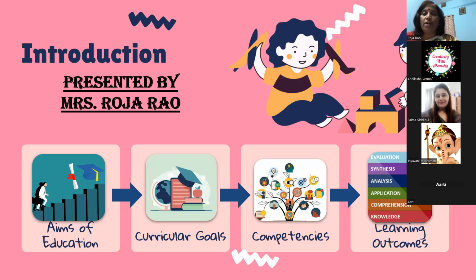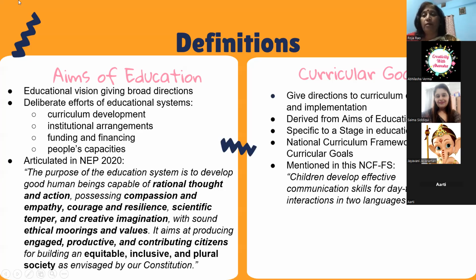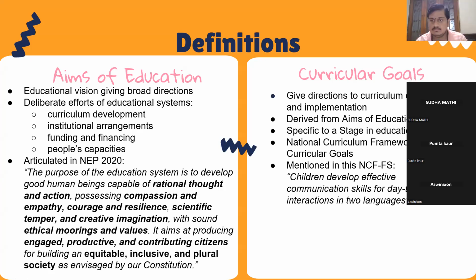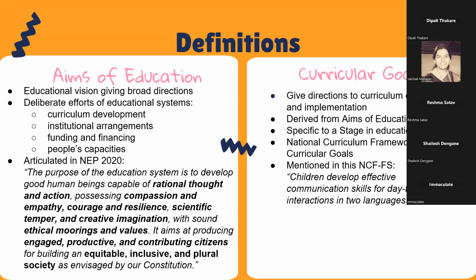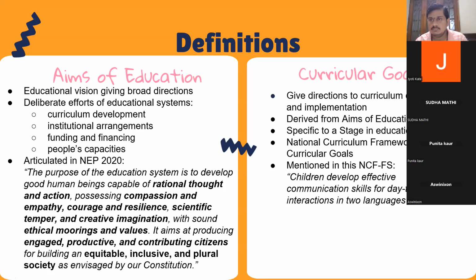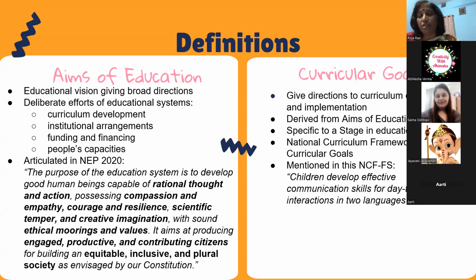So the first one, if you see, yes, sir, may I see the first slide, the second slide, please? Coming to the aims of education, what is this aims of education actually? Nothing but these are educational values or statements, that is, educational vision, which broadly shows the directions to the various educational systems.